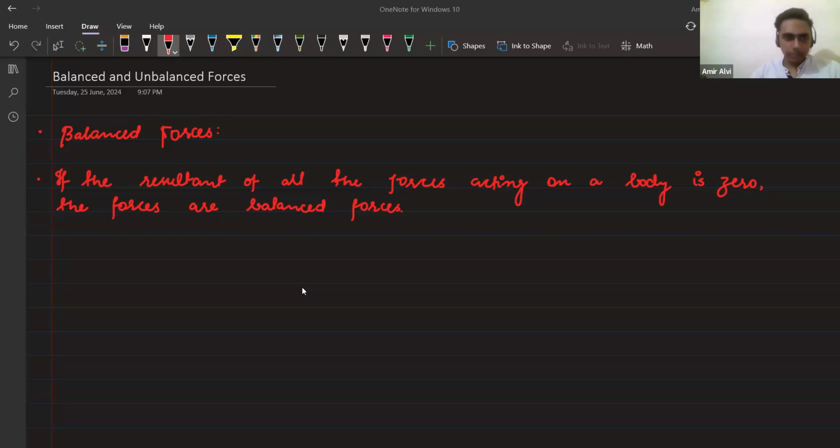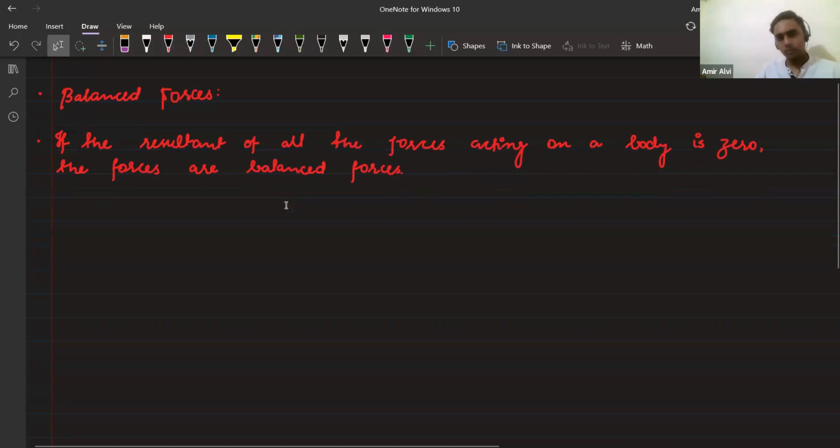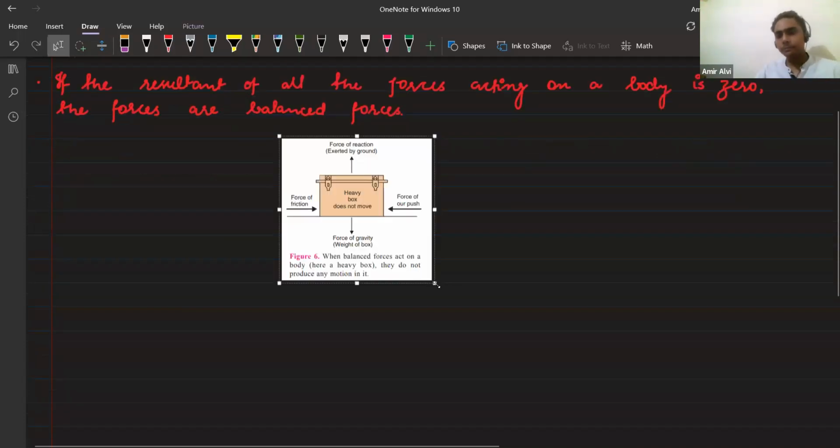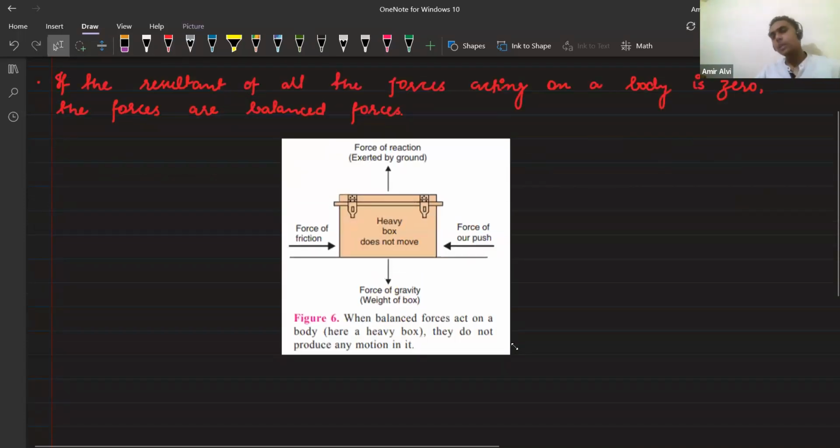Okay, so let me give you an example of the box. As you can see, a heavy box is lying on the ground.